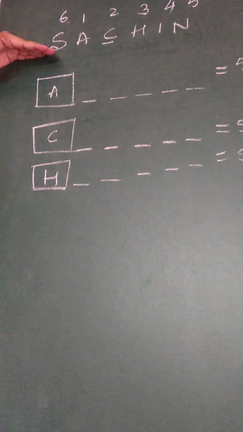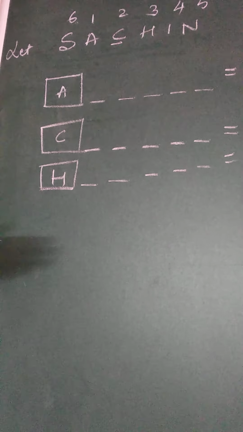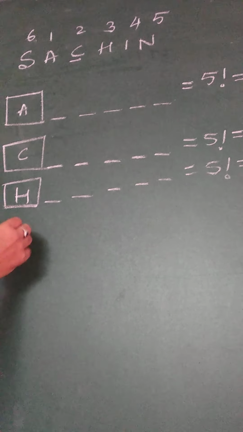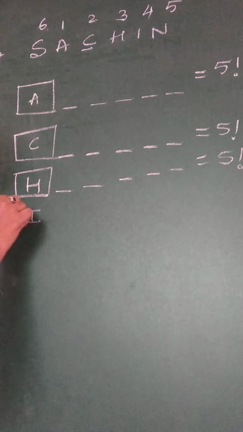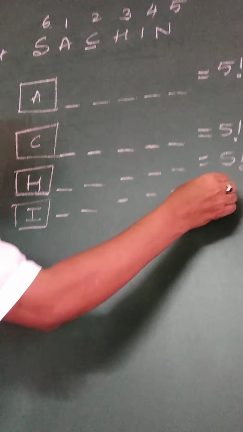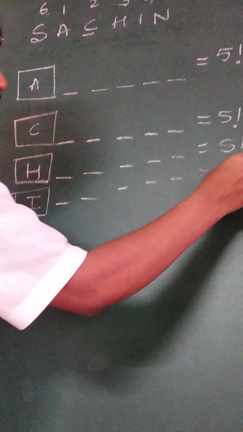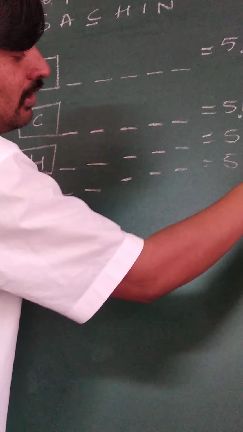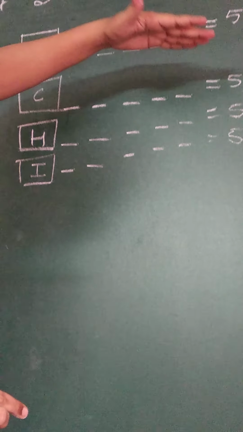So my word Sachin is after 360. The next letter after H in dictionary order is I. Keeping I in the first place, again it will have 5 factorial, which equals 120. So 120 plus 120 plus 120 plus 120, totally 480 words are exhausted. There is no Sachin from the beginning.